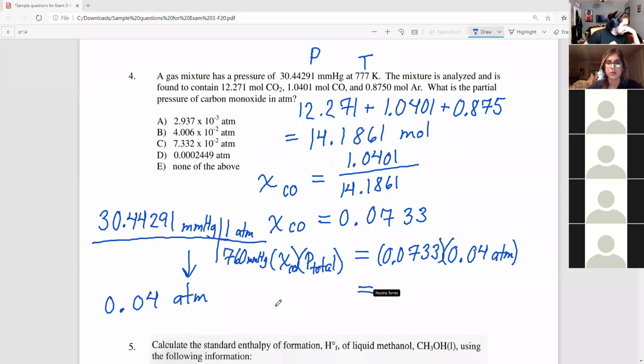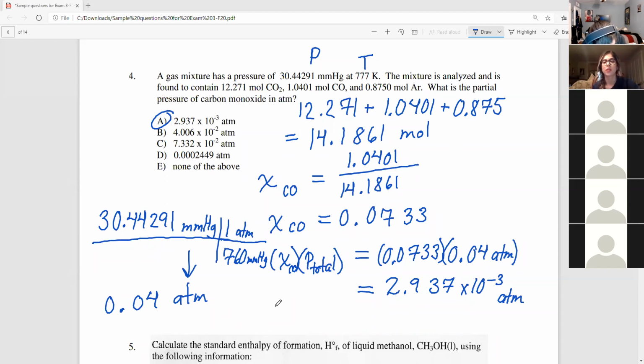Okay, so we multiply that by 0.0733. We should get, let's leave it in scientific notation because that's how they have it, 2.937 times 10 to the negative 3 atmospheres. Is that what y'all got? Yes. Any questions about partial pressure?